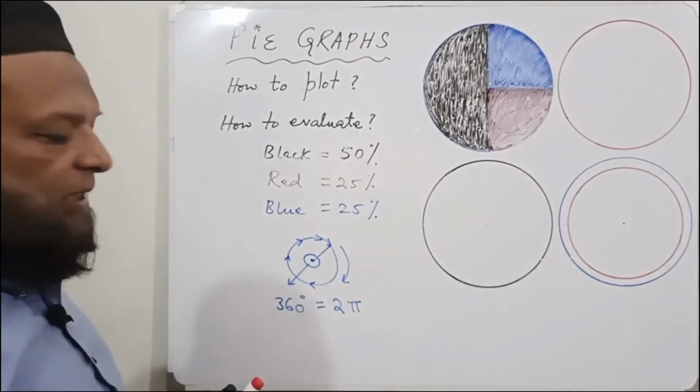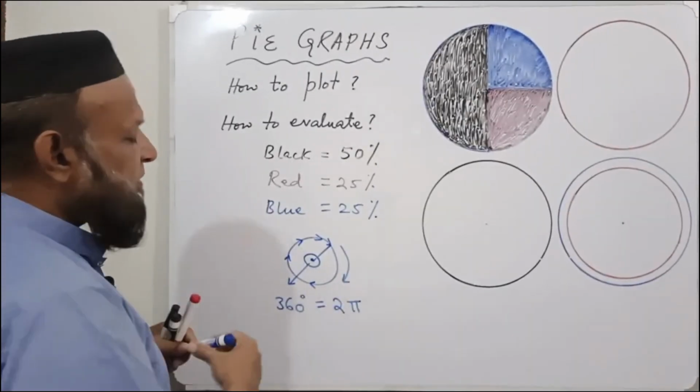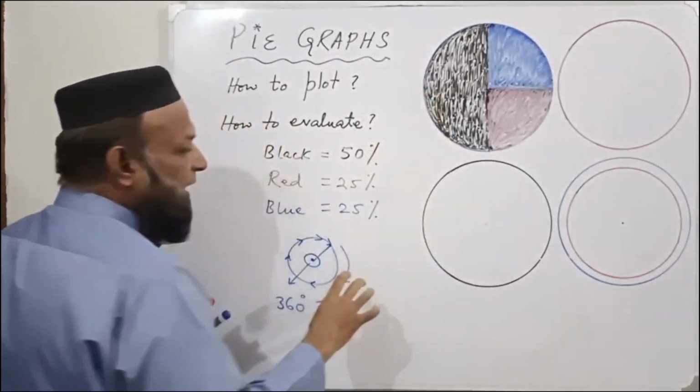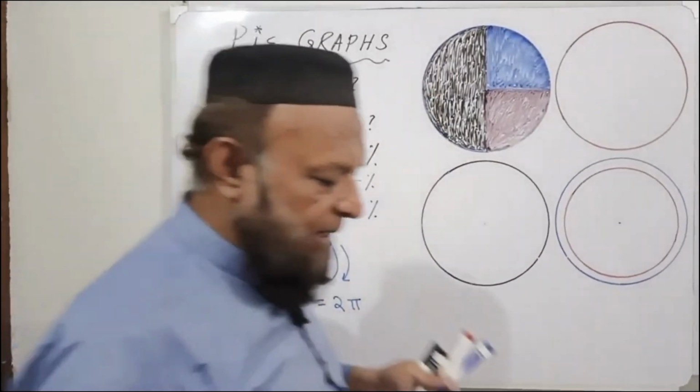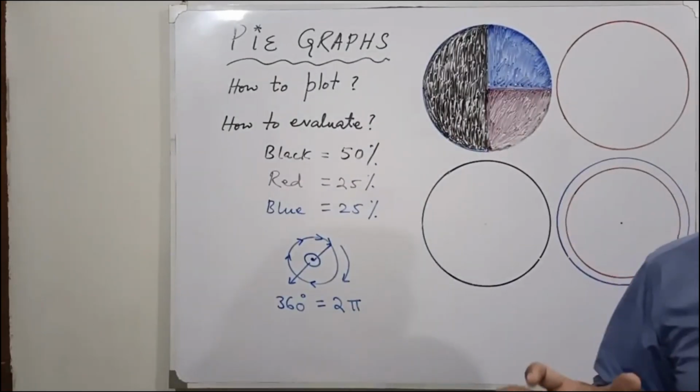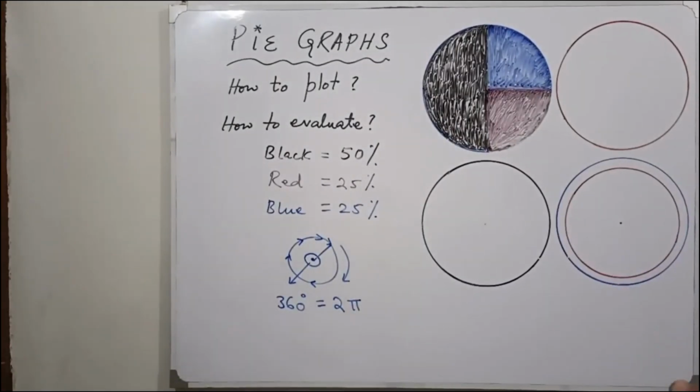Pi is 180 degrees. So that's why the name pie graph is given to this one. It represents the share of different quantities in a compound.